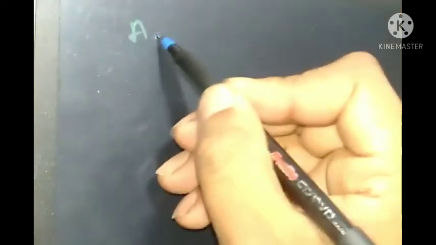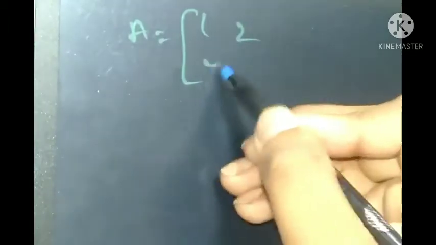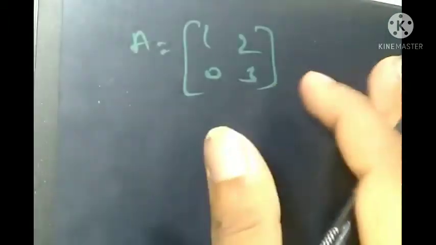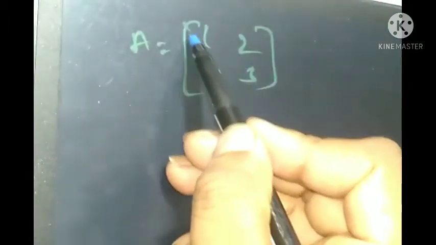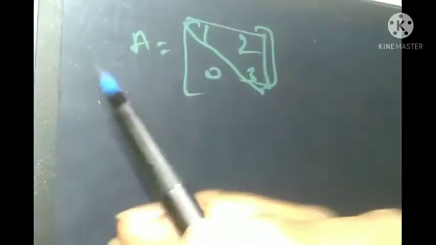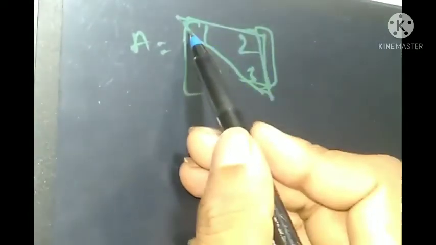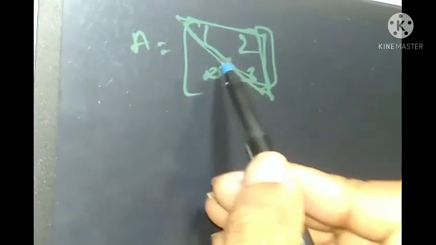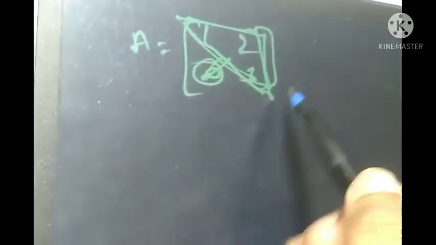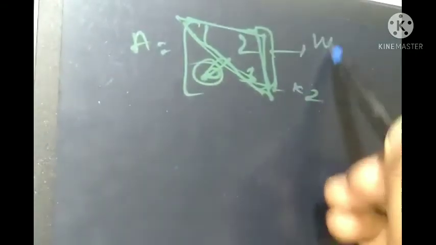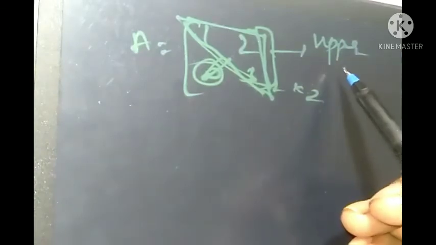Suppose we take another example, a 2 by 2 matrix: 2 0 3. This is also an upper triangular matrix. See this is the triangular form, and the entries below the diagonal are 0. That's why this is also an upper triangular matrix.